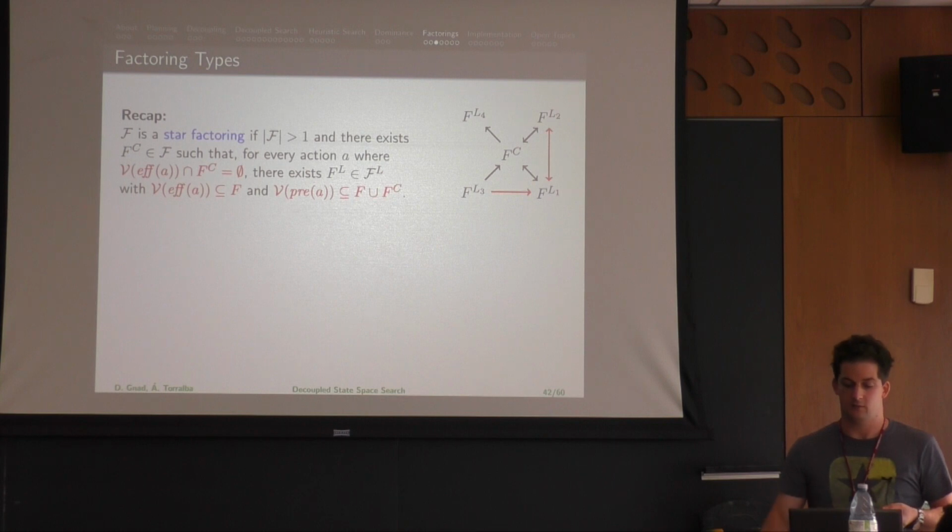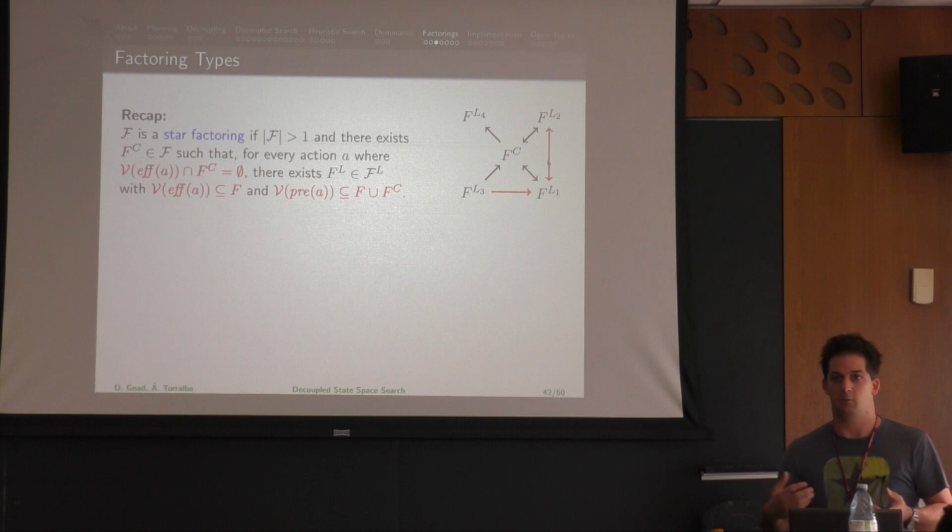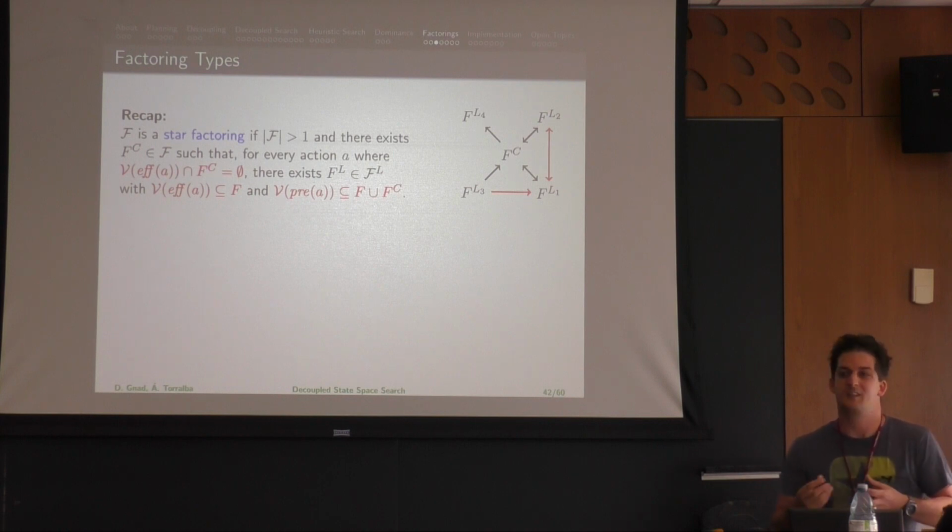And if you have this, say you have a center action that has an effect on the center factor FC and on leaf 1 and leaf 2, then this induces a causal graph connection and thereby an interaction graph connection between these two leaf factors. And this is all good. We can really handle this in decoupled search. The question is just, will it give us anything?